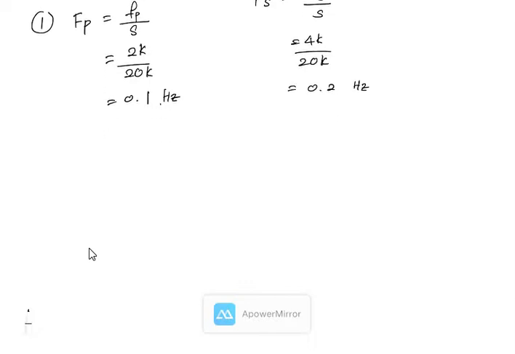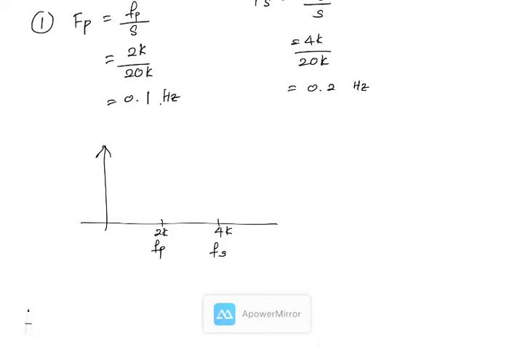Next, I would like to determine which filter is required to be designed based on the information given. So if I draw a graph, Fp equal to 2k, and Fs equal to 4k.